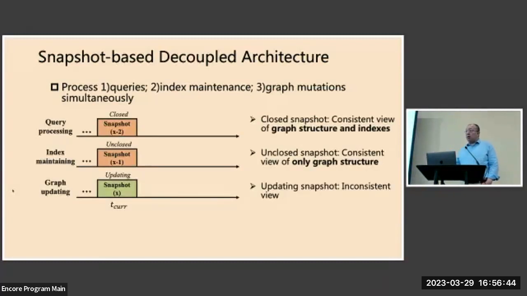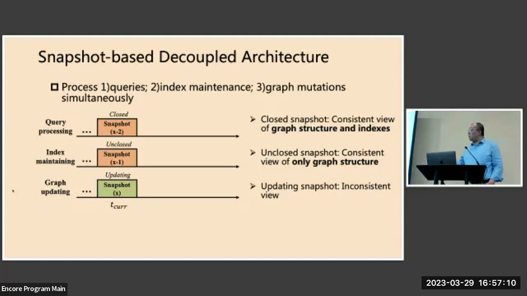So here the idea is that we maintain several snapshots, and so basically the graph query is based on a previous version that we already have the index and the graph structure. It is consistent. And then the index maintenance is continuously performed based on the mutated graph. It takes some time, so we can put the updates in batch, right?